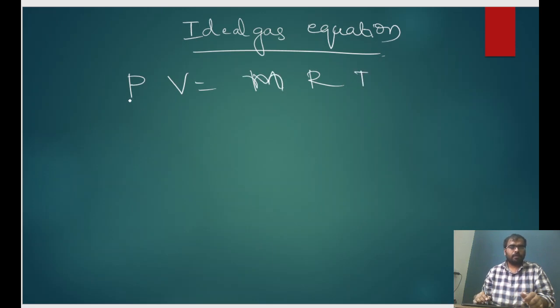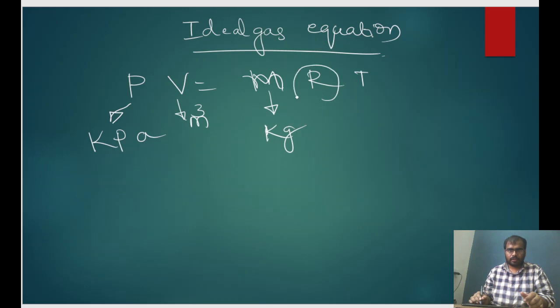But what units do you have to take? The pressure is always in kilopascal, the unit of volume is meter cube, the unit of mass is kg, and R is the gas constant or characteristic gas constant, with unit kilojoule per kg Kelvin, and the unit of temperature is Kelvin.